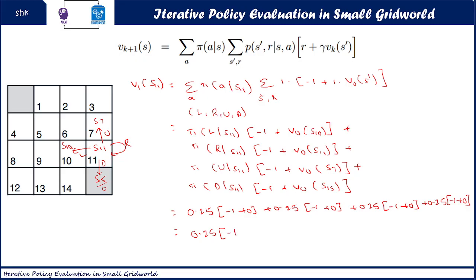So the left out values are minus 1, minus 1, minus 1, minus 1, which will give us 0.25 into minus 4, which is minus 1.